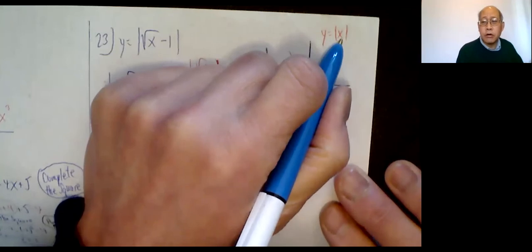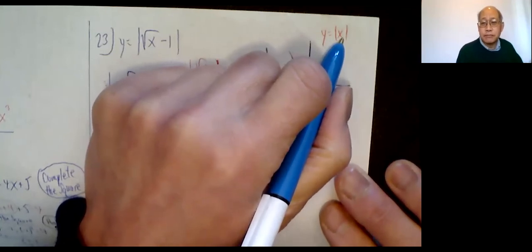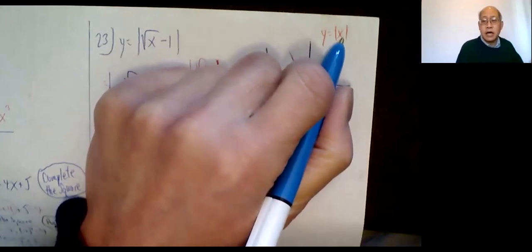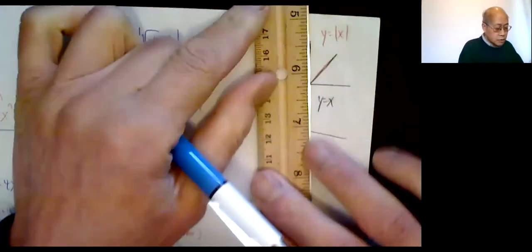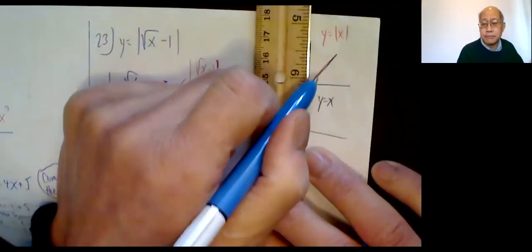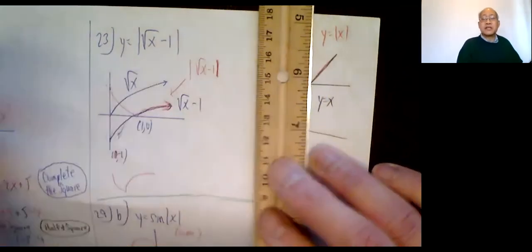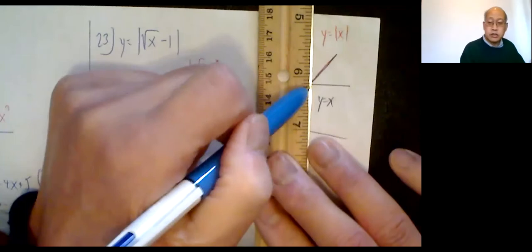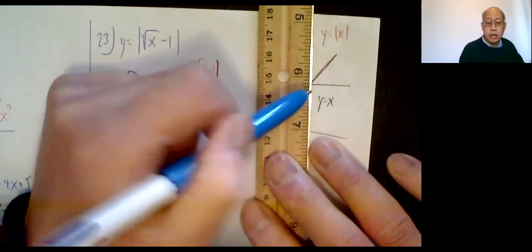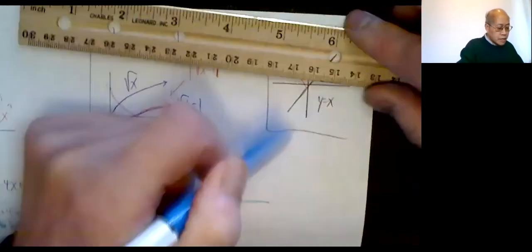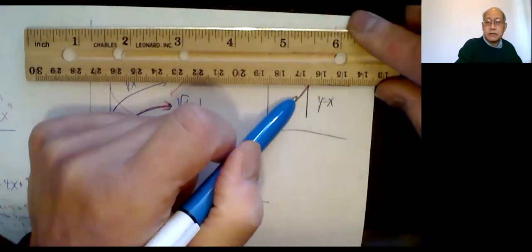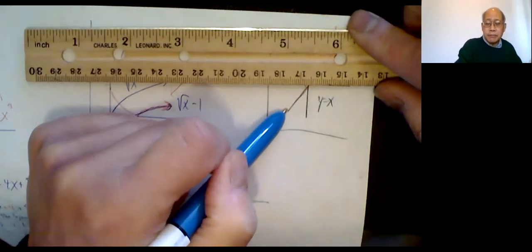Anything that's 0 or positive stays the same. So the part that's above the x-axis or equal to 0 stays the same, because for that part, the absolute value is the same as the number itself. But now what about this part that's below the x-axis? The negative is going to become positive.